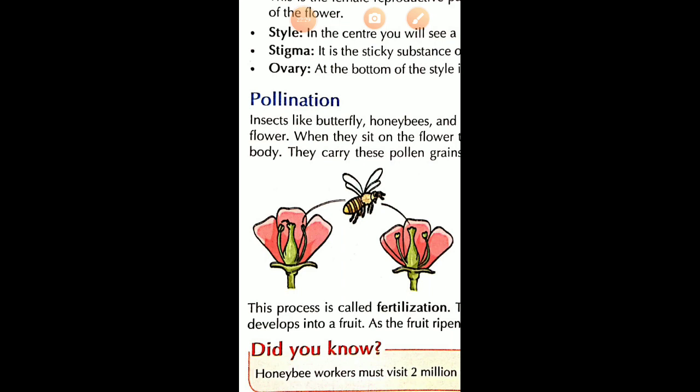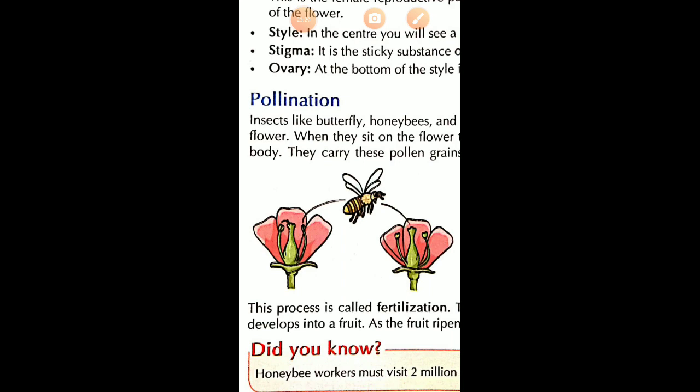Now students, when animals like insects, butterflies and honeybees sit on the flower to suck the sweet nectar, pollen grains stick on their body, because the pollen grains are sticky. Then when they fly from that flower to another flower, they carry these pollen grains on their body.